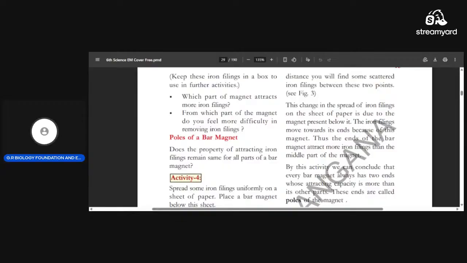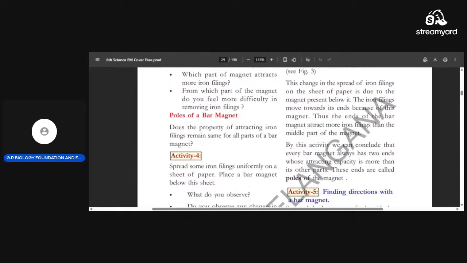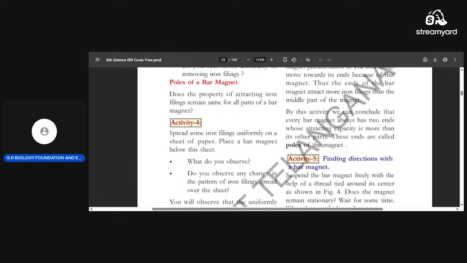Thus, the ends of a bar magnet attract more iron filings than the middle part of the bar magnet. Either side of the magnet, attraction is more than the middle. By this activity, we can conclude that every bar magnet always has two ends whose attracting capacity is more than its other parts.